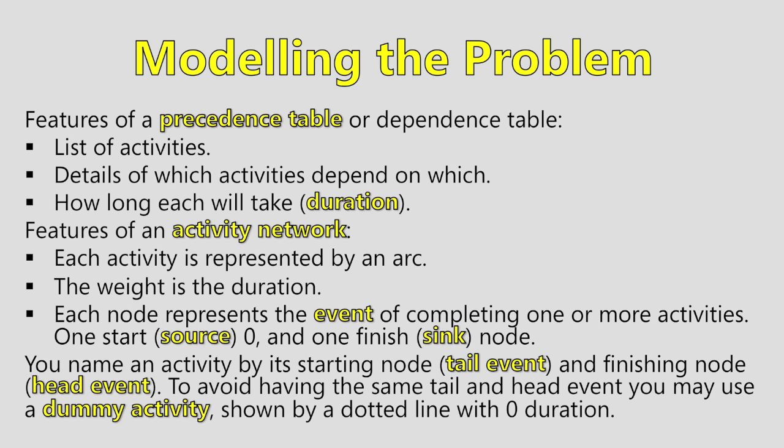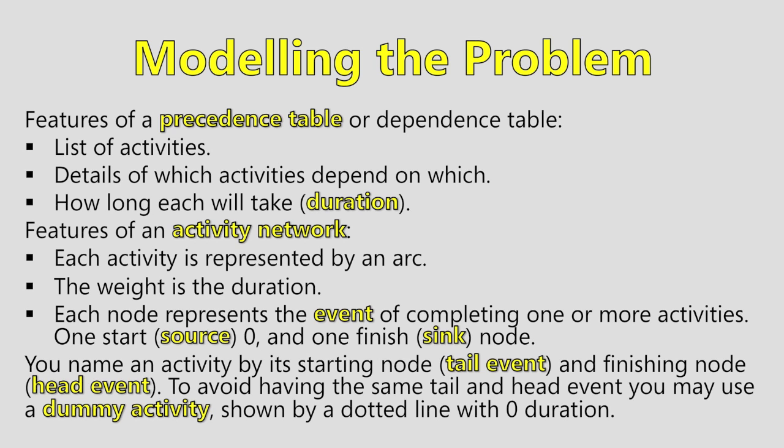You name an activity by its starting node, the tail event, and the finishing node, the head event. To avoid having the same tail and head event, you may use a dummy activity shown by a dotted line with a 0 duration. So, for example, for an activity, or an arc, if the vertex before it is 3 and the vertex after it is 2, that makes sense.